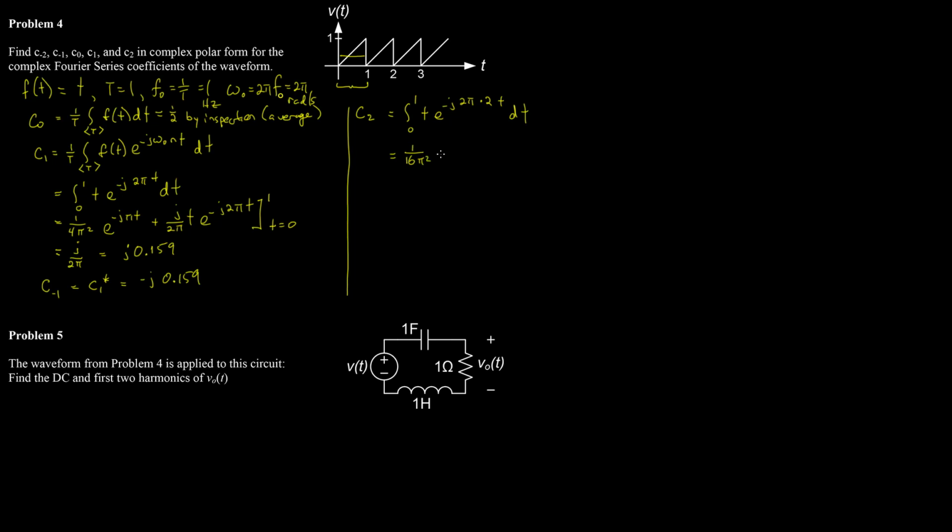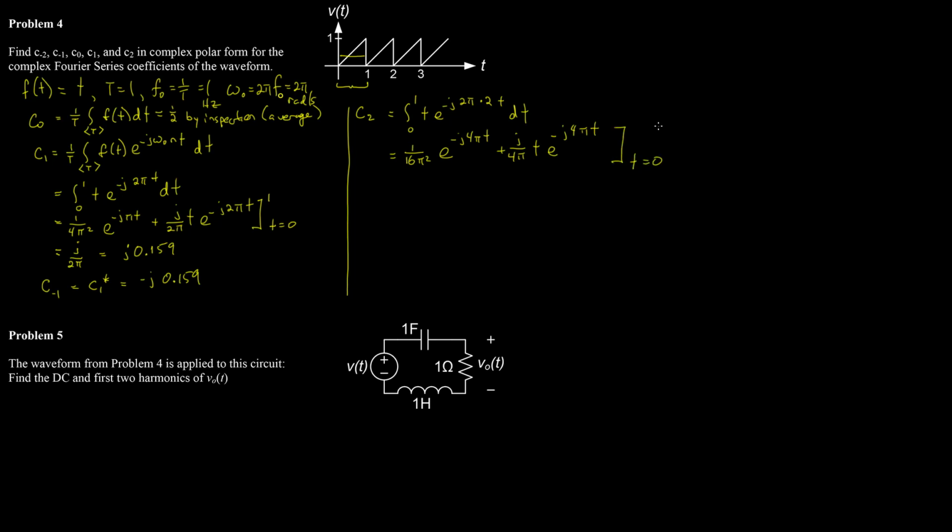Using the same integral lookup table, that gives us 1 over 16 pi squared e to the minus j 4 pi t, plus j over 4 pi t e to the minus j 4 pi t. All that came out of a table lookup.